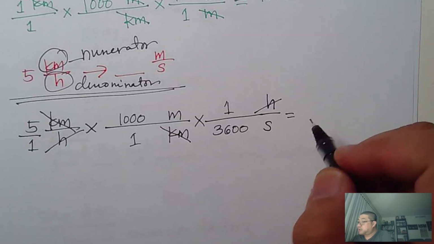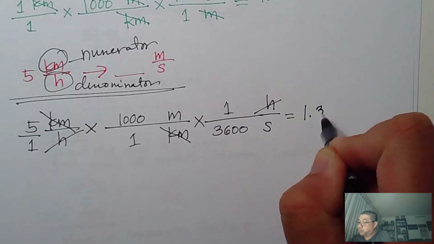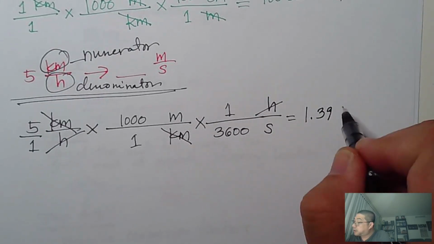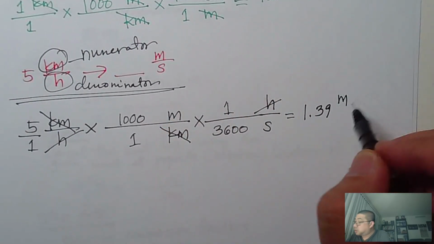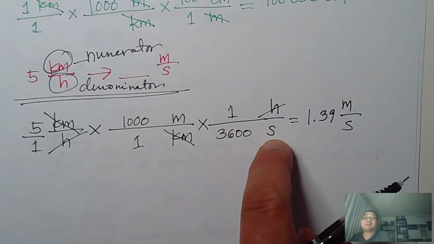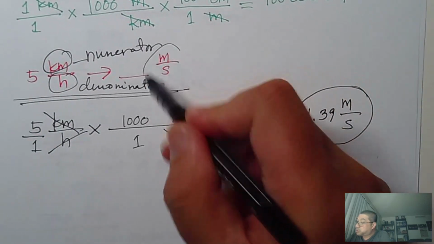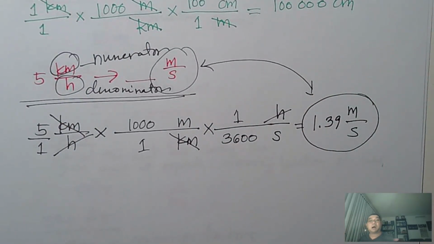And that will give us a speed of 1.388, or let's just put 0.39 meters over seconds, because there are no other units. Everything was canceled, so just meters per second. So meaning we were able to get the answer because the units are the same.